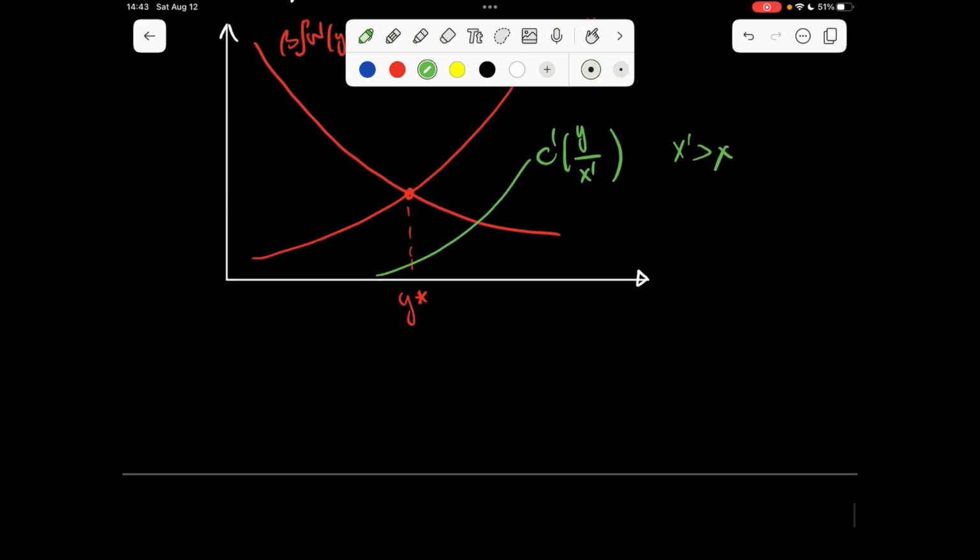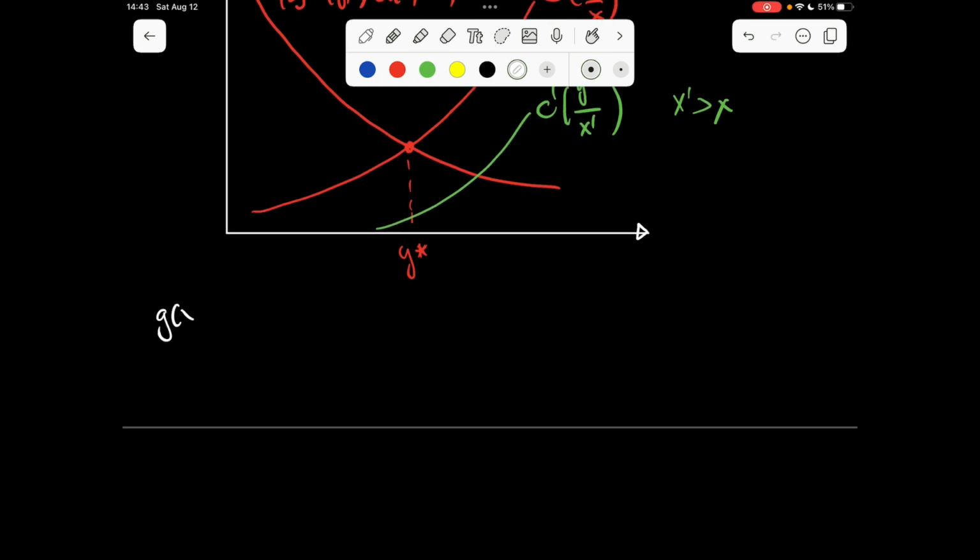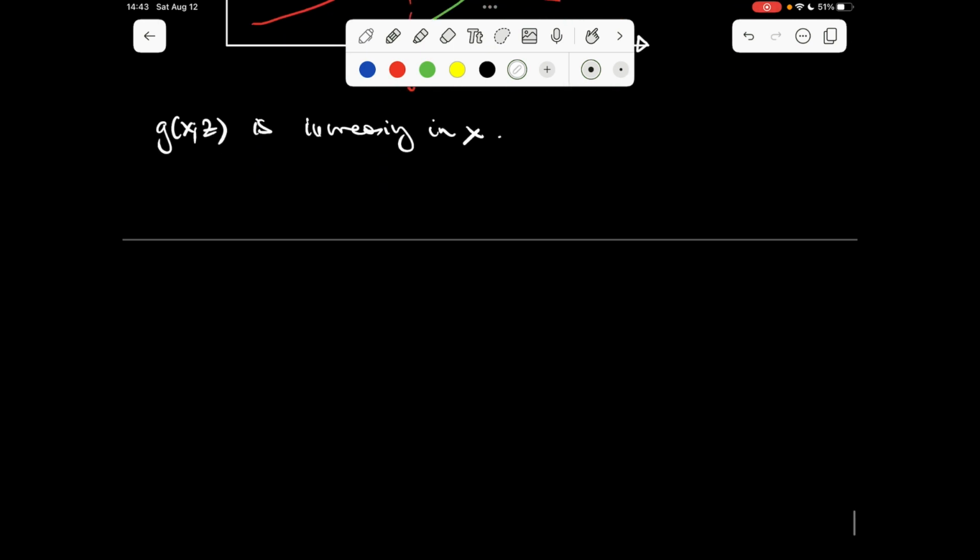So intuitively, yes, we can say that the optimum policy function is increasing in x. We want to prove it, to demonstrate it formally.